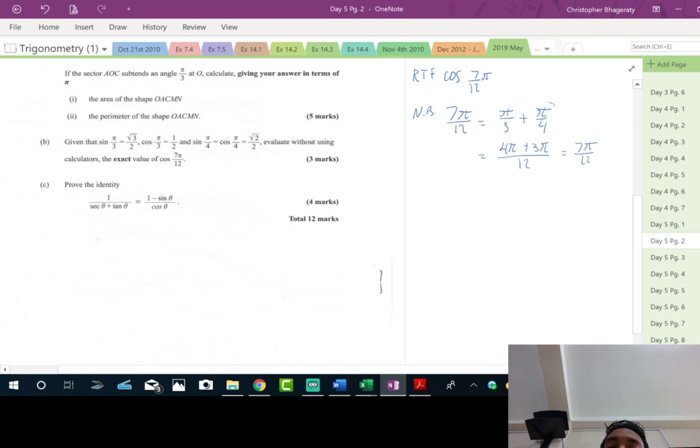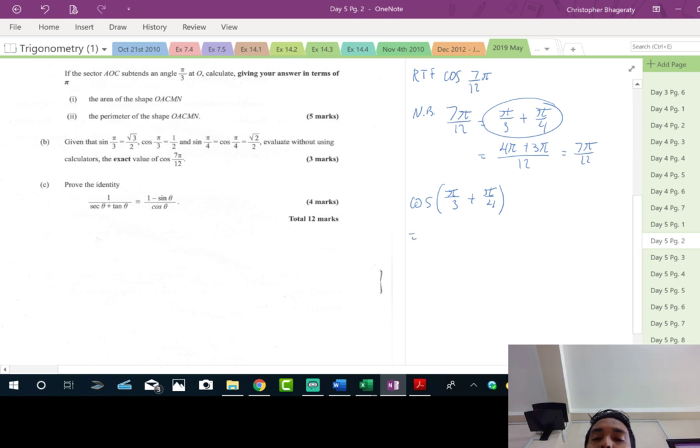So what we've just shown is how we're going to express 7/12 of pi in order to find cosine of 7/12 of pi. We're going to express it as cos of pi over 3 plus pi over 4.